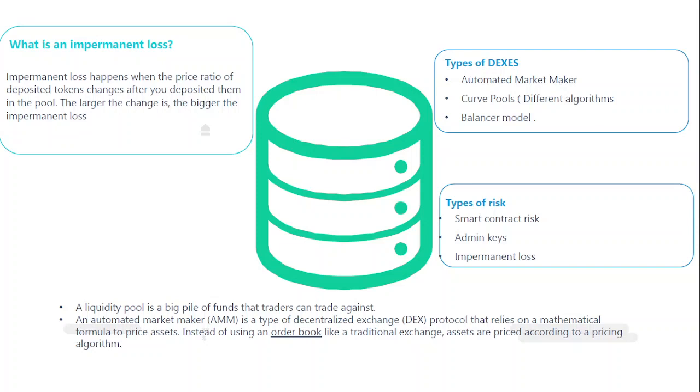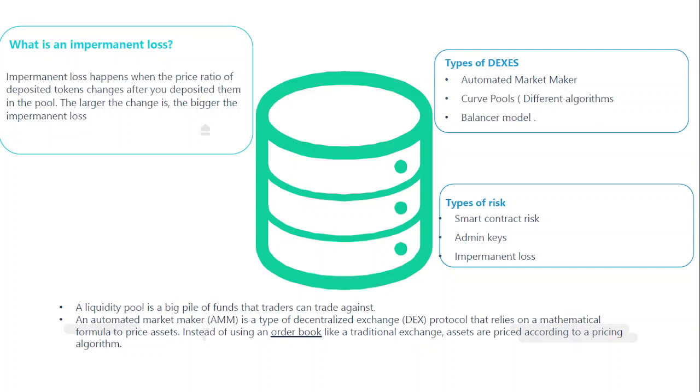So you could think of a liquidity pool, as I mentioned, as a big pile of funds that traders can trade against. In return, when you provide liquidity to the protocol, the liquidity provider earns fees from the trades that happen in the pool.